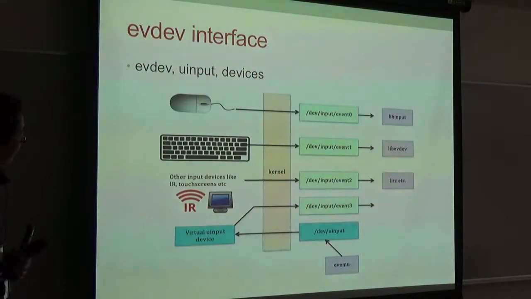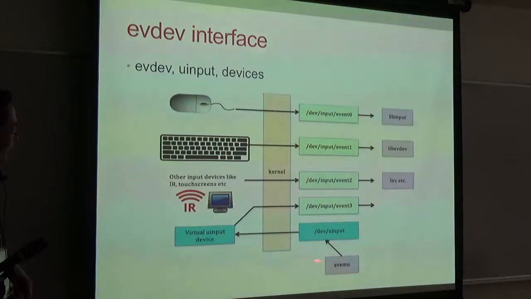So this is a basic picture describing what is there: uinput and devices. Those are the input nodes. For instance, in this case, for mouse event0 and keyboard event1, and other devices like IR or touch screens, maybe event2, 3, or something like that.